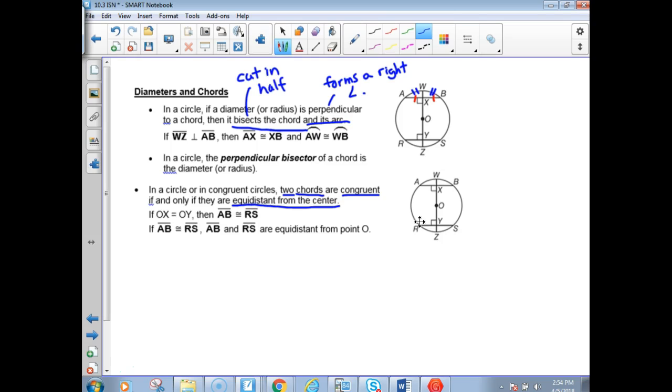Okay, so in this picture, if OX is congruent to OY, then we know that chords AB and RS are congruent. Okay, so that tells me that this chord is congruent to this chord.